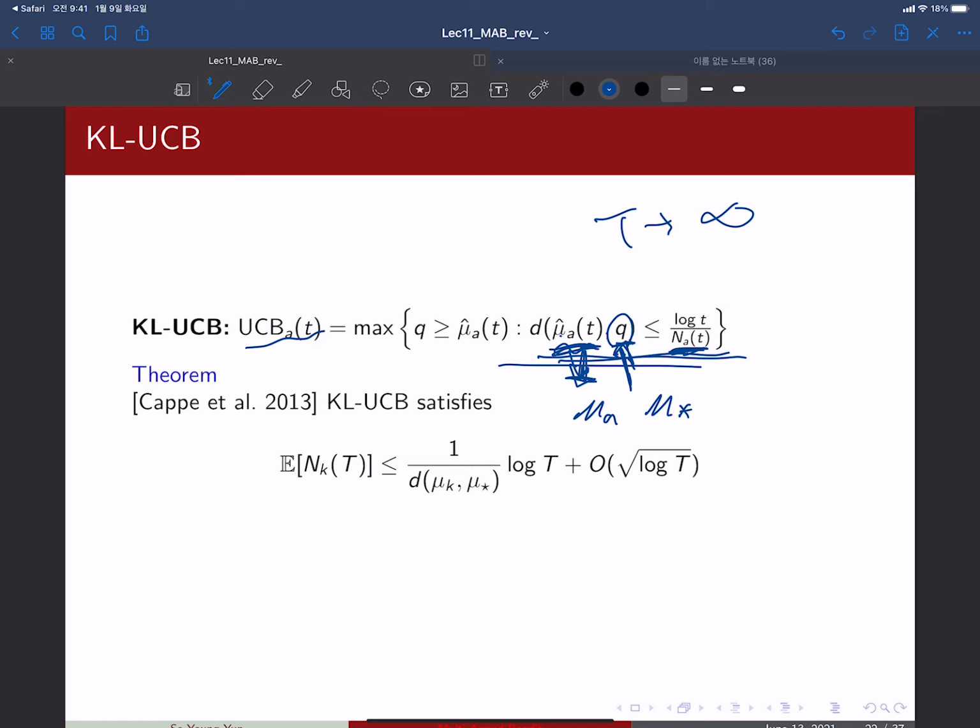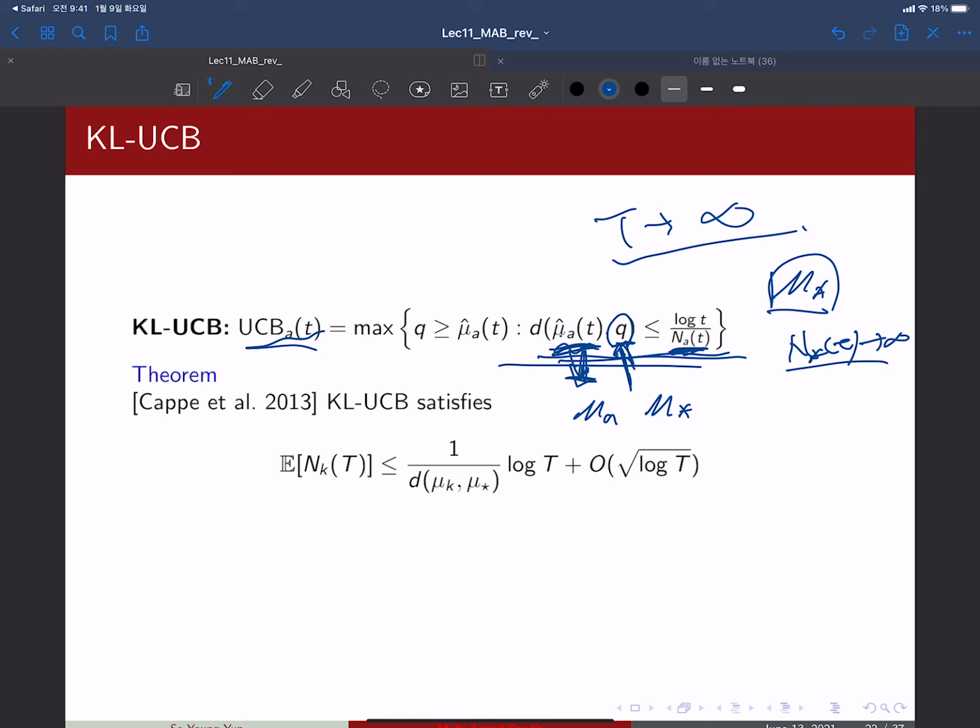Why? Because we play with the UCB value, and when capital T goes to infinity, mu star, we play the best arm almost all the time. N star T, I think, also goes to infinity, right? With a very, very high number of plays.